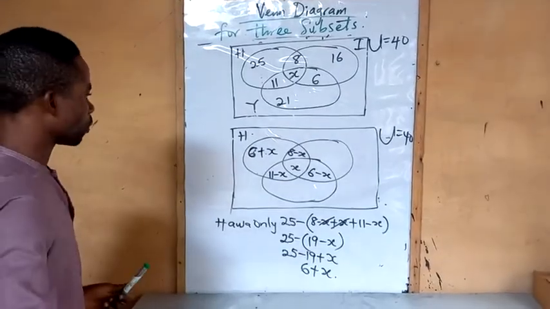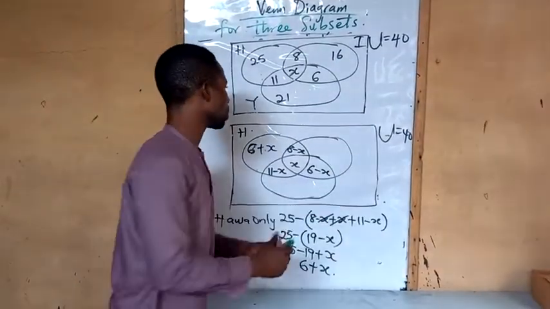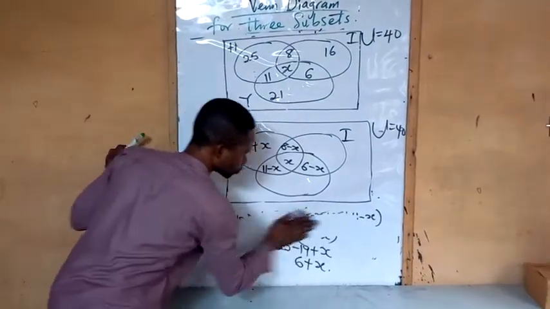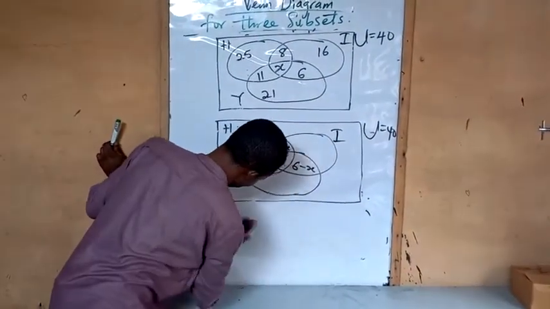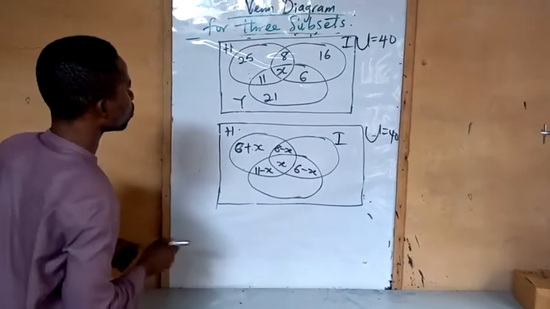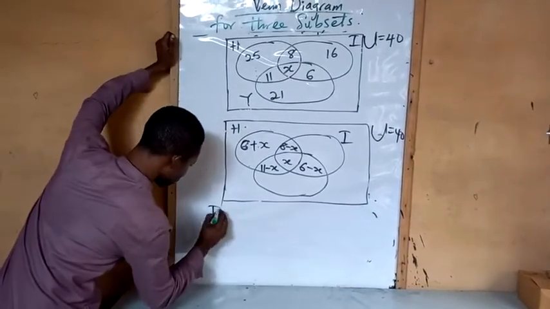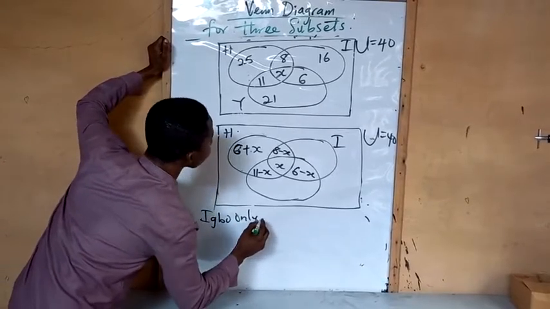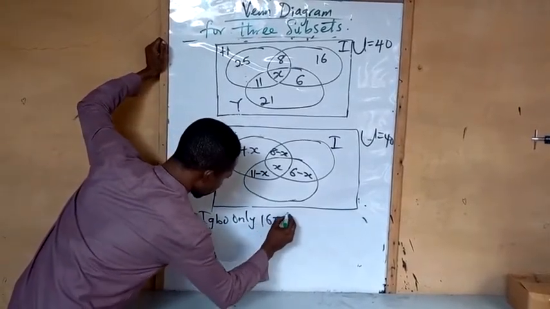Now, for me to get Igbo only, it's still the same pattern. For the Igbo only, that will be 16 minus open bracket.